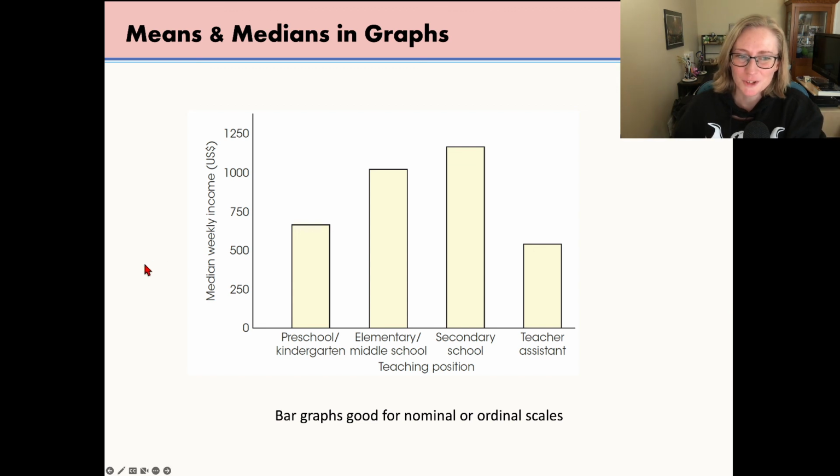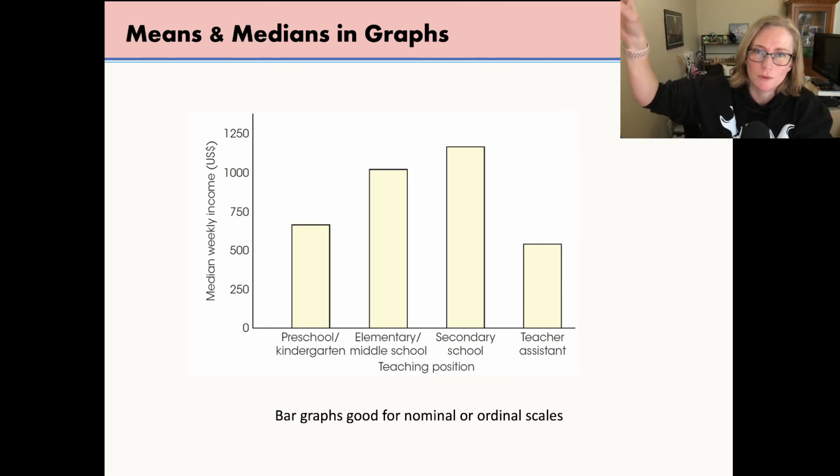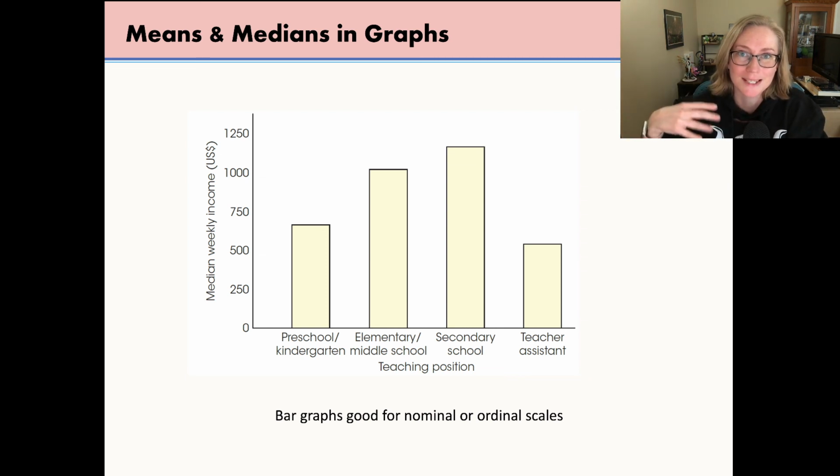And so because we have extreme values, it's better to use median scores as a representation. So you can see here median weekly income. That's going to be better because if it's the average, it's just going to be pulled up way to a value that the average person doesn't actually make, right? Again, you're trying to think of what is the typical person, what represents the typical person.